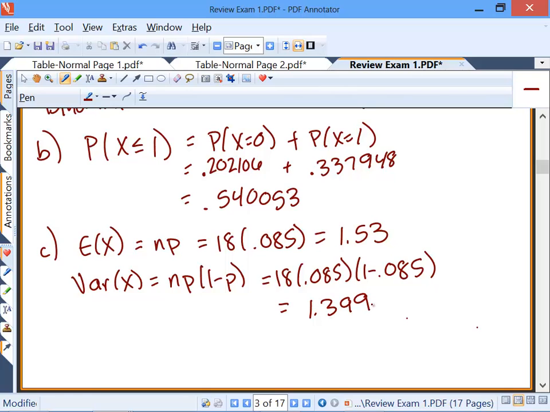So this is what I might ask you to do for the test for the binomial distribution: I'm going to ask you a probability, and probably the expected value and the variance or standard deviation. Now, I will not tell you on the test that it is a binomial distribution. You need to have written down the steps for binomial distribution and be able to recognize it. So any questions here on the binomial?